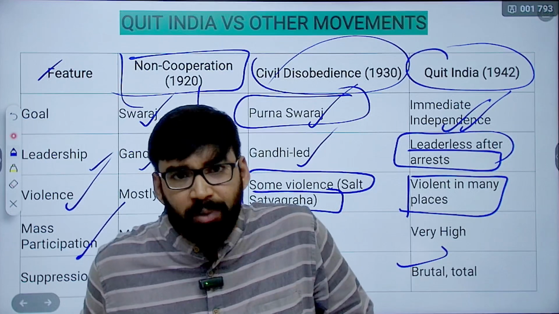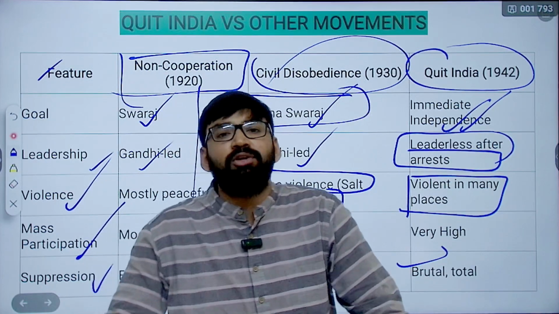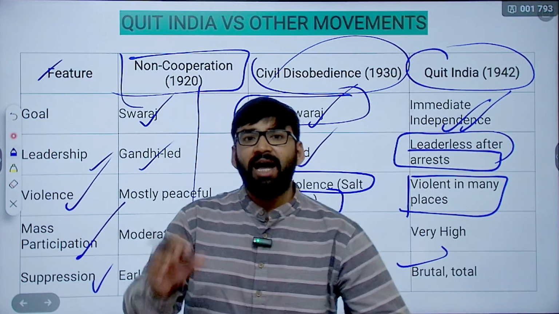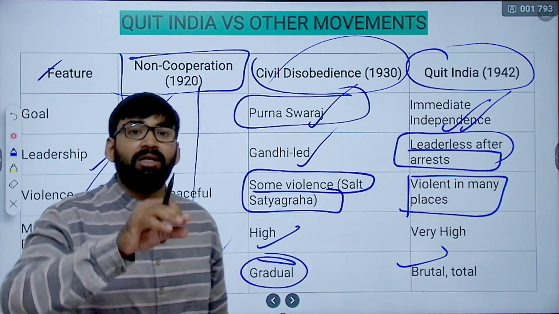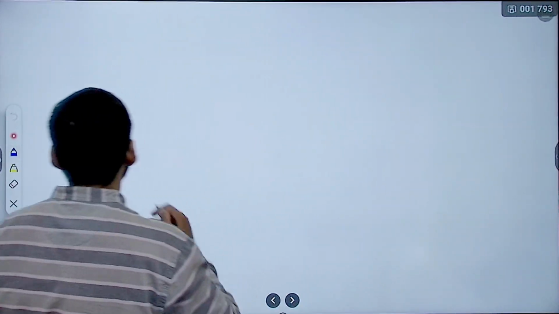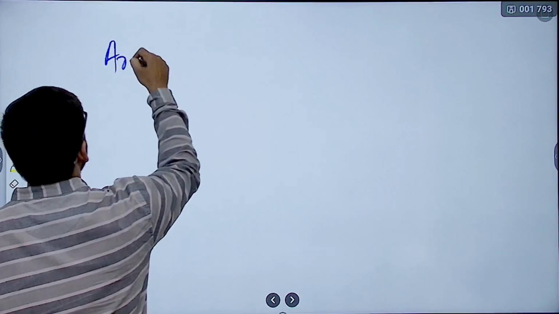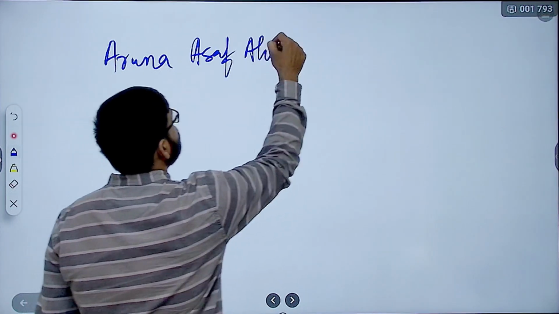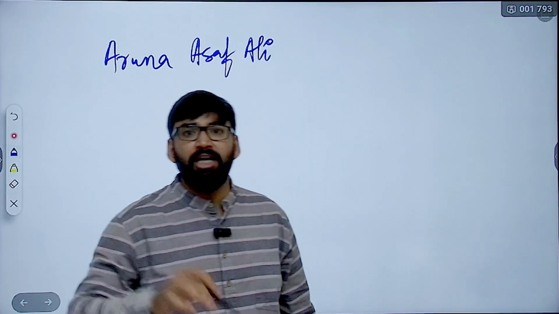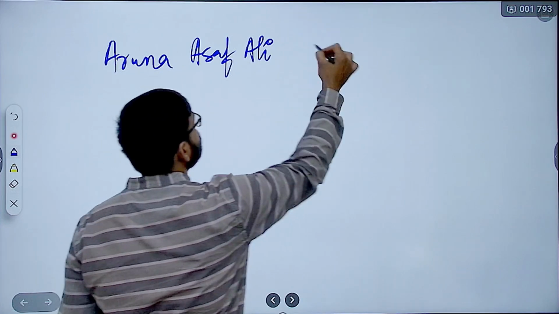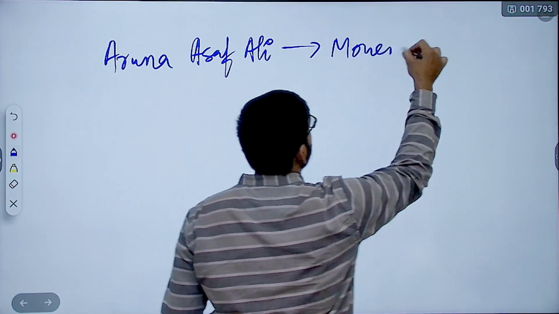So I would like to quote here some statements of Gandhi and Aruna Asaf Ali, which were used in the Quit India Movement. Gandhi on 8th August 1942 said, "We shall either free India or die in the attempt." Aruna Asaf Ali said, "Even if all the leaders are arrested, the movement must go on."